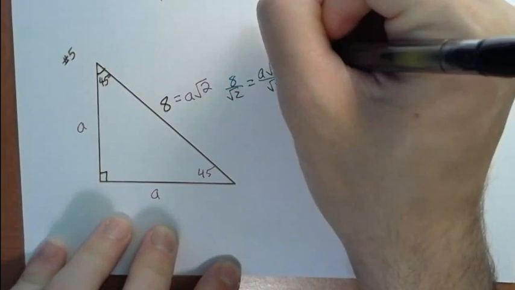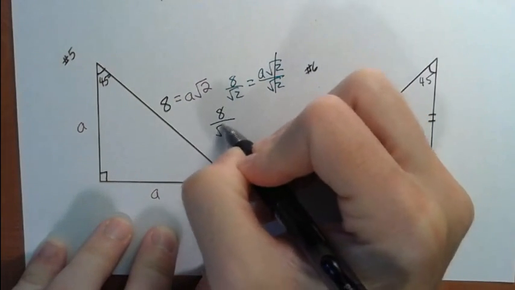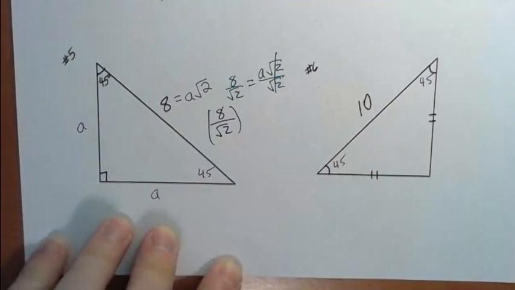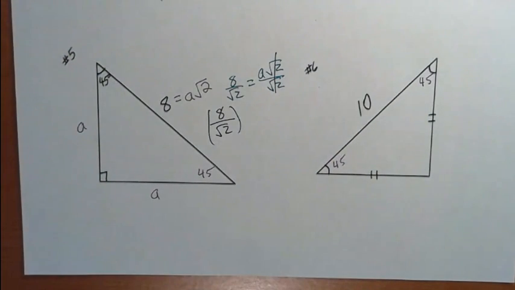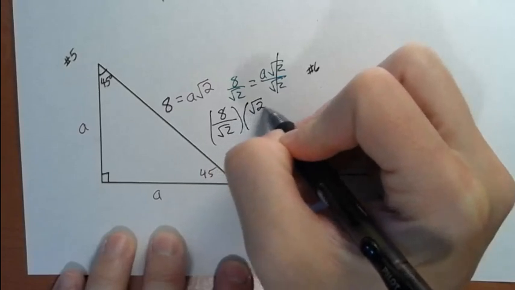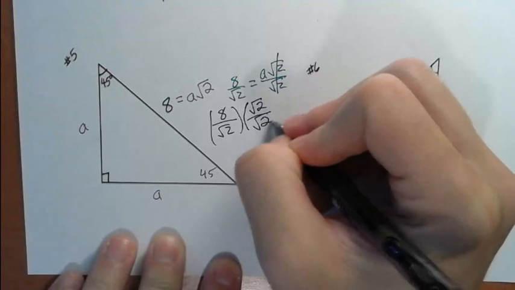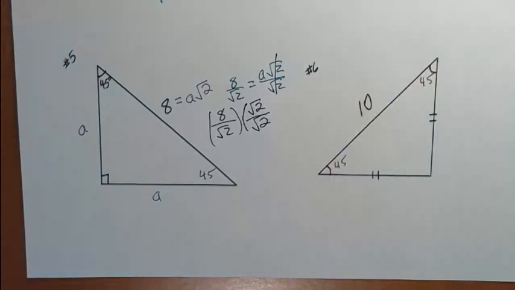Then I can divide out the root 2's, so I just have a divided by the square root of 2. But now I've got to rationalize this like I did in the earlier problems. So I'd be multiplying by the square root of 2 divided by the square root of 2.